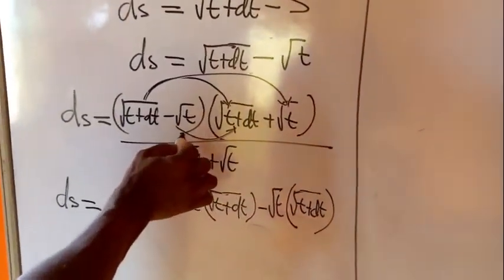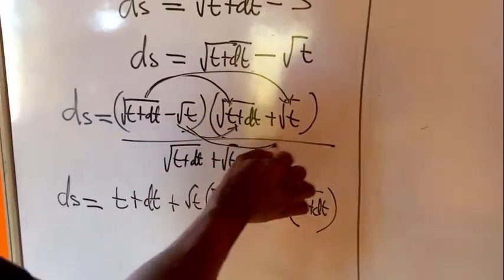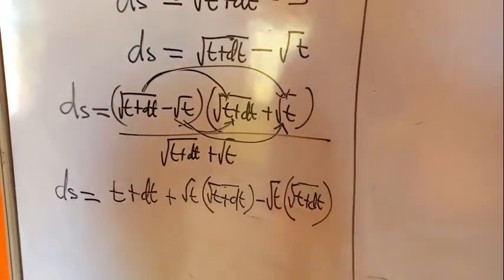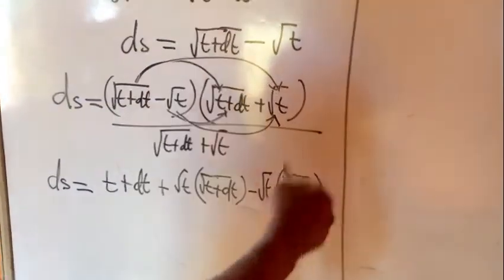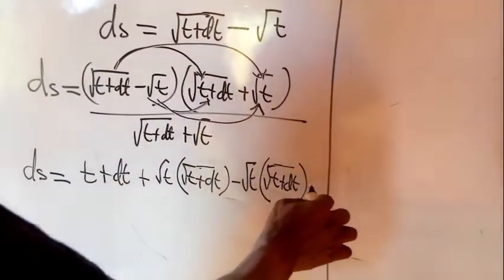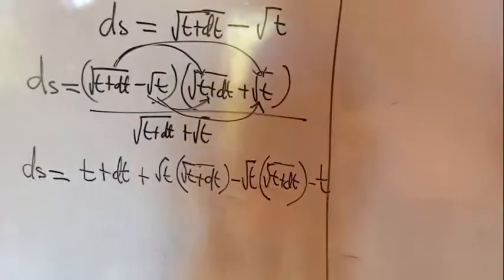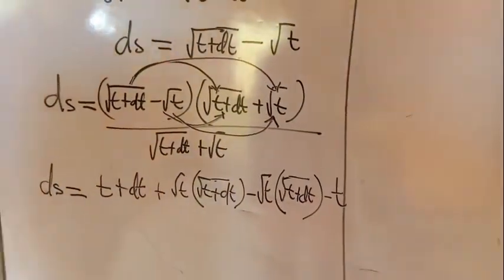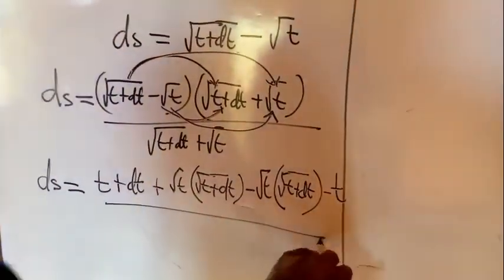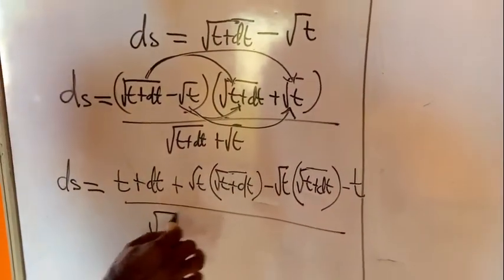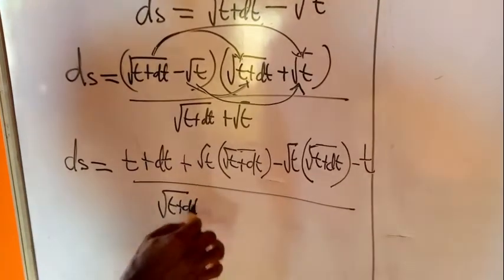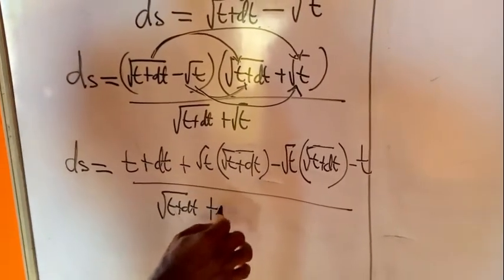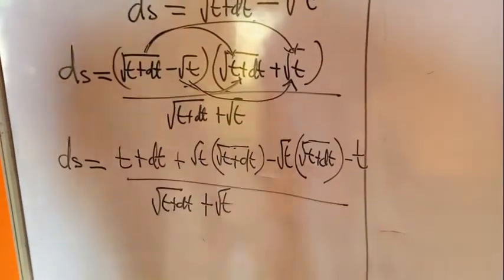So the next one you are going to get is this one multiplying this. What you are going to get is a minus the root. Apply the principle, go to minus t. So that's what you are going to get, all over root t plus dt plus root t.